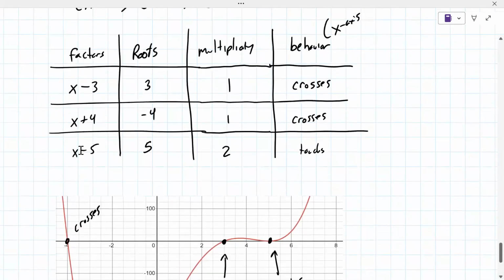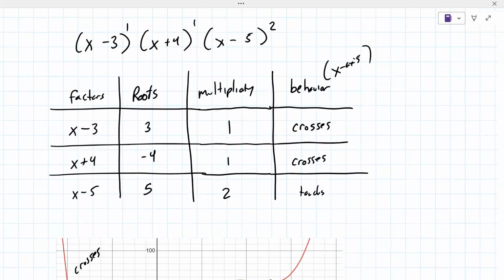So this table, I don't know how much of this you'll need to populate, but the factors lead to the roots. The roots tell you the multiplicity. And the behavior, what you have to remember is it crosses if it's an odd multiplicity, and it touches if it's an even multiplicity.